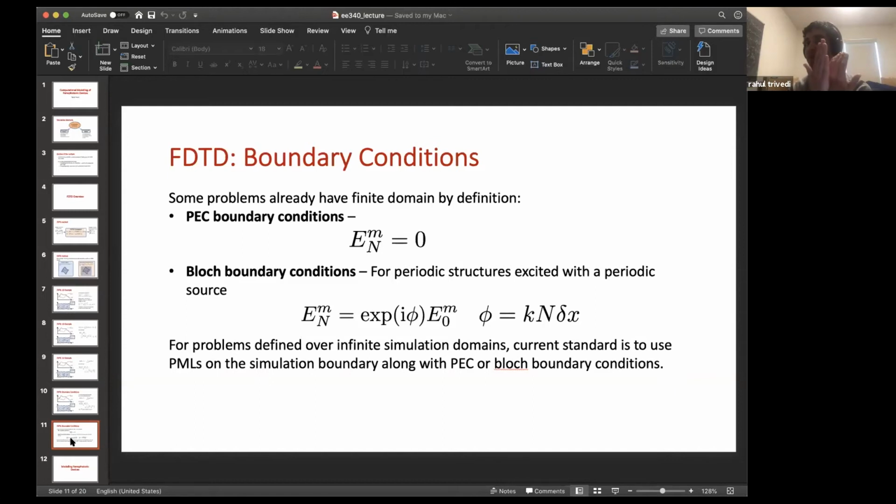But what the PML people figured out is how to calculate a permittivity, an absorption coefficient, or a complex permittivity distribution for the absorbing material, so that the reflection is zero for almost all incident angles. It isn't zero at every incident angle, but you can make it zero for a pretty large range of incident angles. So they were able to mimic an almost perfect absorber, and that allowed them to terminate their simulations very nicely. Okay, so that's what's used in today's day and age.